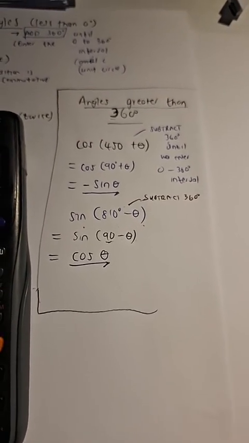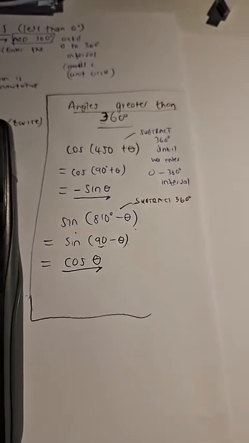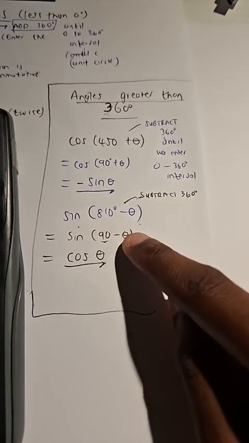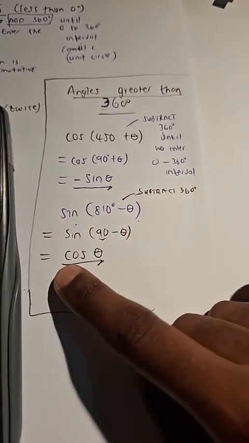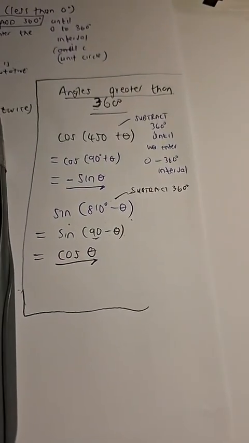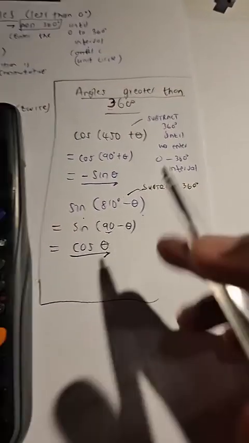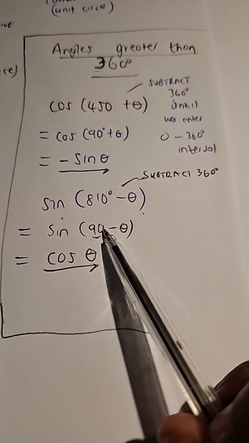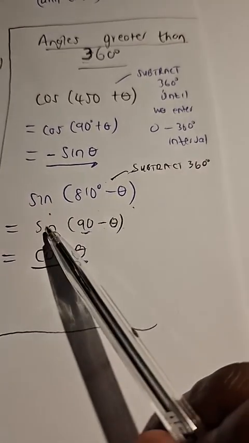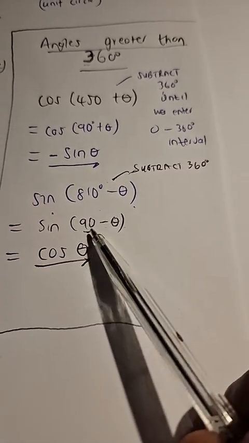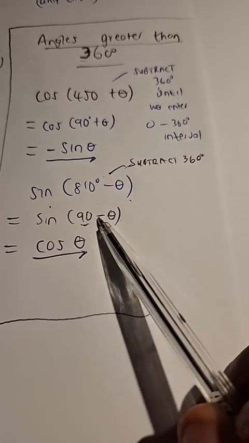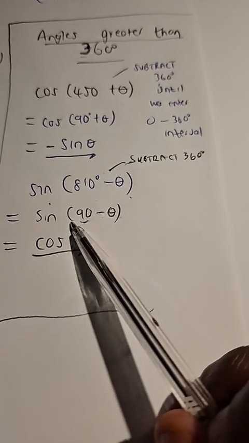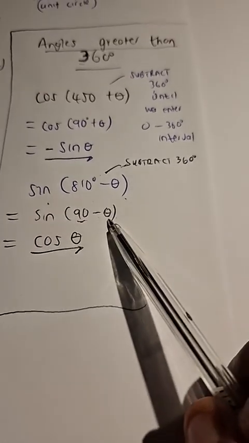Easy peasy. Tapelo says, can you repeat that? Okay, so sine of 90 minus theta. 90 minus is not just a function value, but a co-function value.